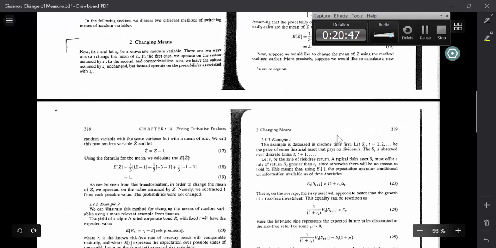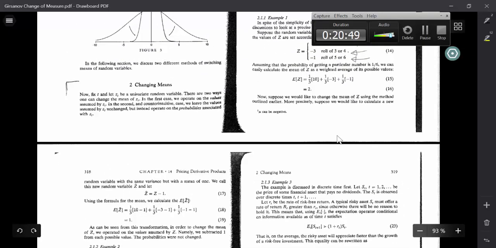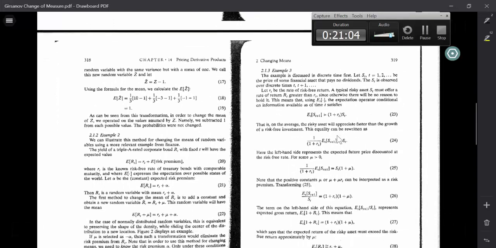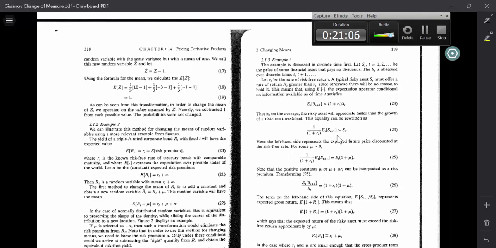Now the author is saying, let's say you want to change the mean from 2 to something else. In fact, he wants to change it from 2 to 1. So you want to change the mean, and now there's a new variable, z tilde, which is equal to z minus 1.